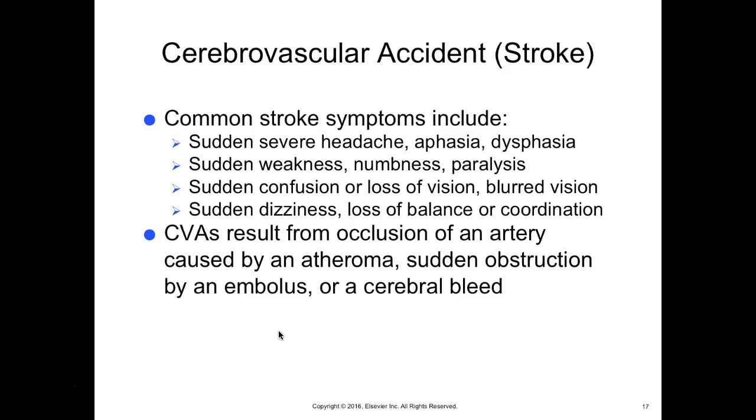The face will not be symmetrical. They'll say, squeeze my fingers. They may not be able to move one side or even squeeze their hand together. So CVAs result from occlusion of an artery caused by atheroma, sudden obstruction by an embolus, or a cerebral bleed.